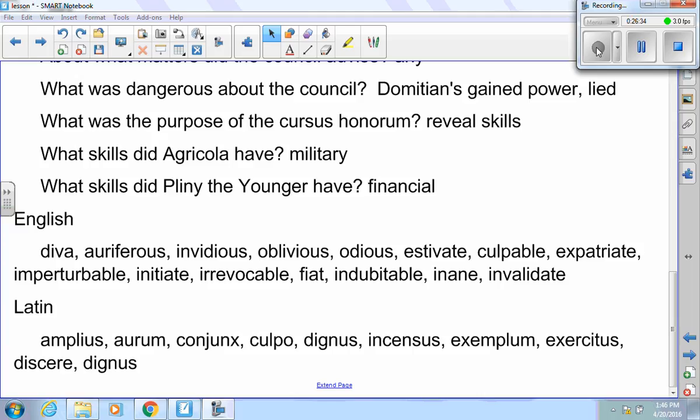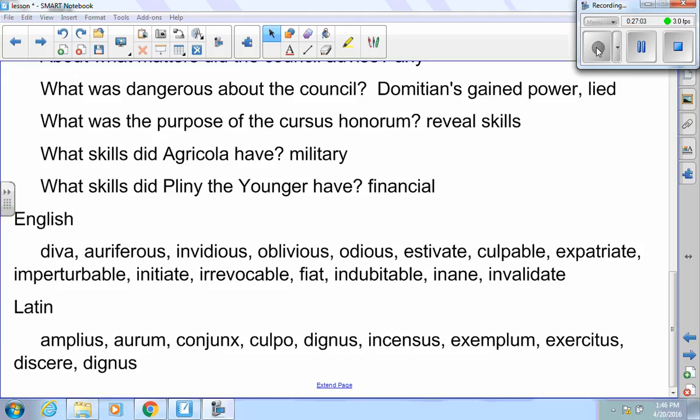Culpable is like blamable. Expatriate is to exile somebody. It's usually an exile. Somebody who's been exiled is called an expatriate. Imperturbable is somebody you can't get riled up. Initiate is to begin, or to bring something to a beginning, to start. Irrevocable is cannot be recalled.